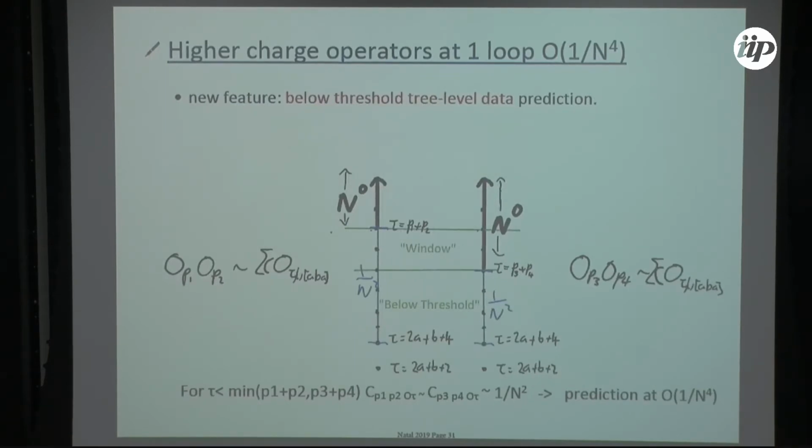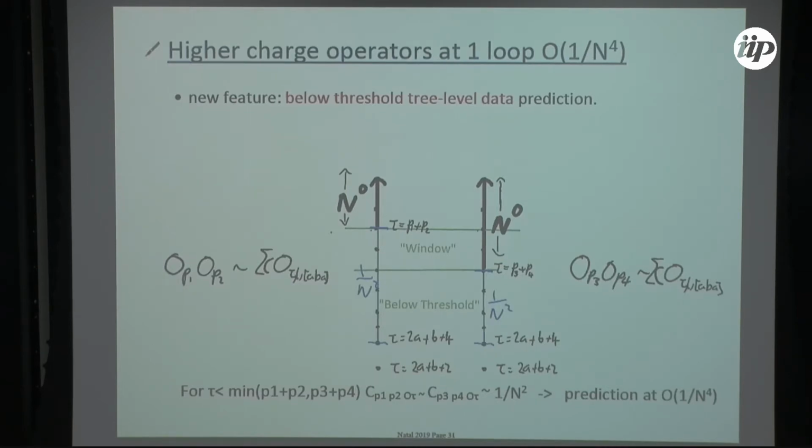Now here I'm trying to draw something about below threshold data. So there's more data now that we can extract from previously known results that impact at one loop. And that's because of the following.